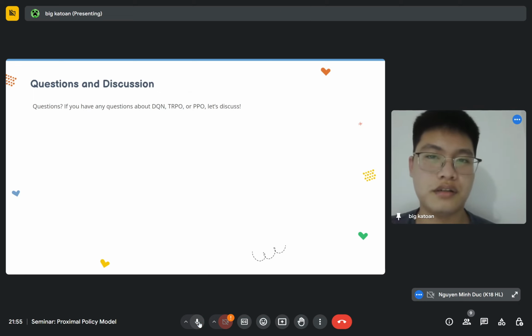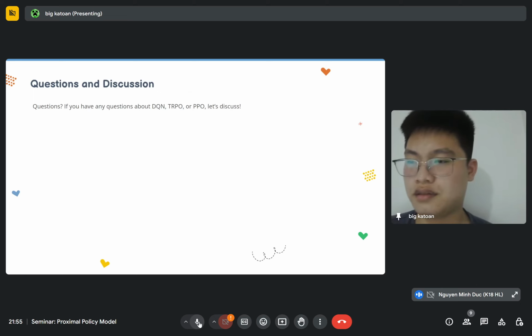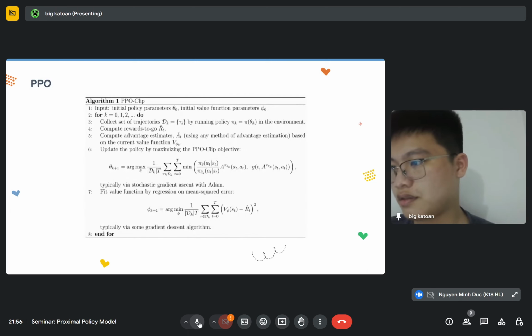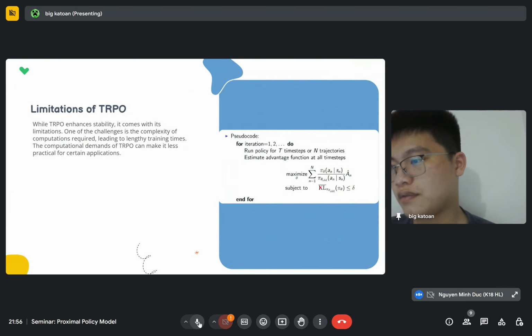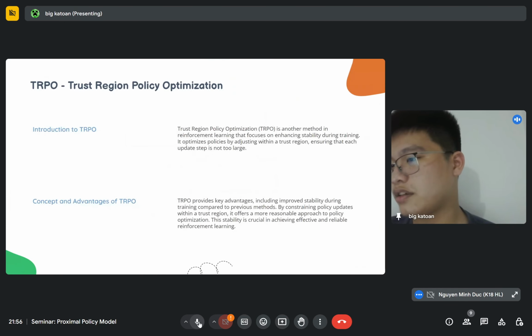Any question here? Okay, I saw that you mentioned the term trust region before, but can you explain more about it? What is the difference between trust region in PPO and trust region in TRPO? Okay, the trust region policy optimization.